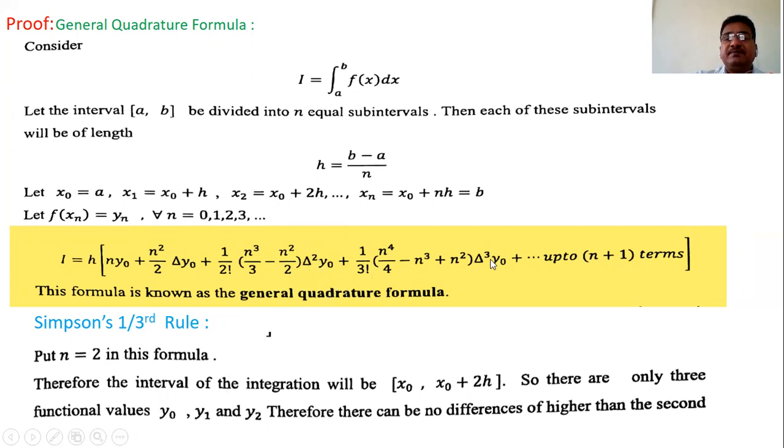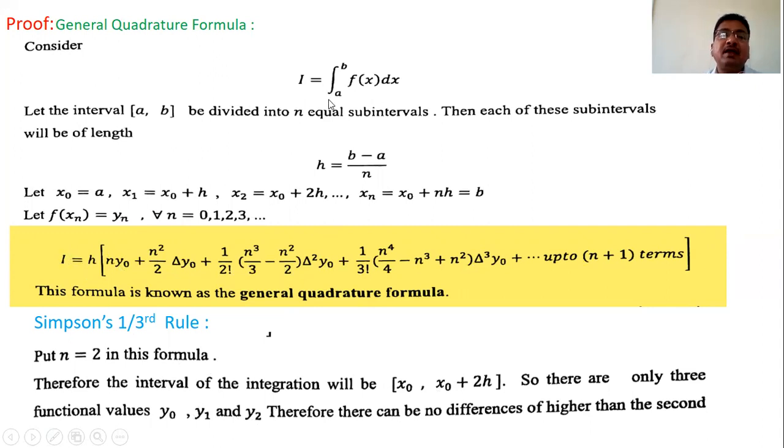But after that, further differences, that is delta cube y naught, delta raised to 4 y naught, are all 0. Therefore, we have the terms up to delta square y naught, because we are going to take the first three values of x, or 3 values of y, and therefore we have non-zero differences up to delta square. Further differences are 0. So substitute these values in this general quadrature formula.